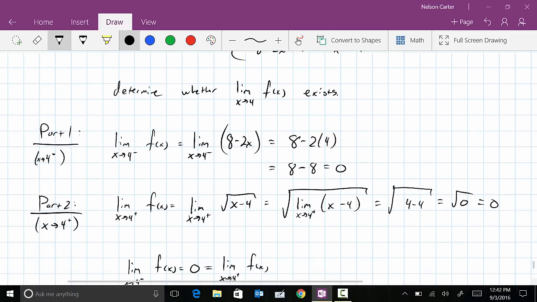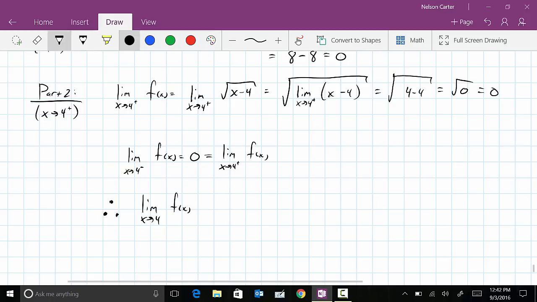We were asked to determine whether or not it exists. We weren't asked to find what it is, although we did find it. So therefore, the limit as x approaches 4 of f of x exists and is equal to 0.